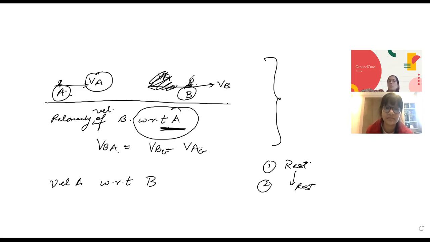Now, when you are on body B, what will be the velocity of A appearing to you? This velocity you will apply exactly in reverse now. So the velocity of A with respect to B is VA minus VB. So this is with respect to the ground. Understood the concept?